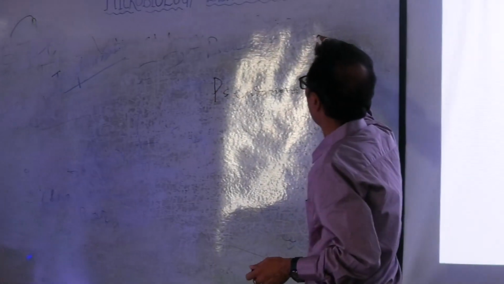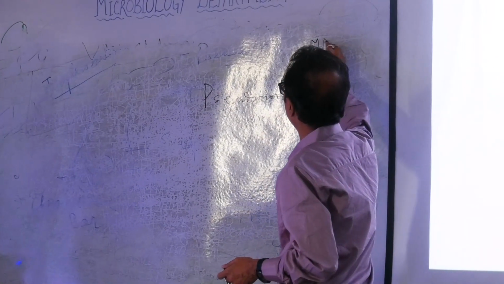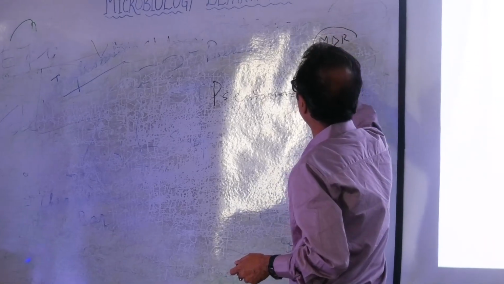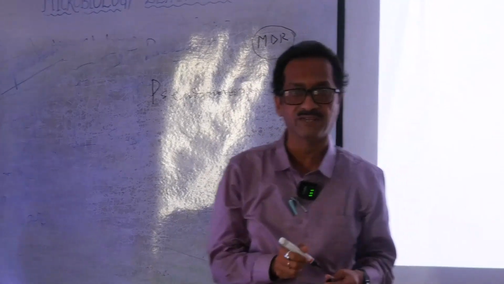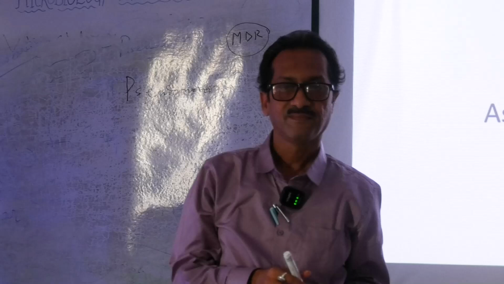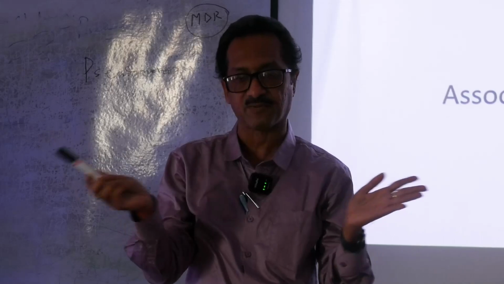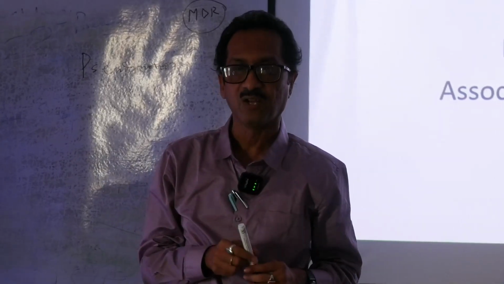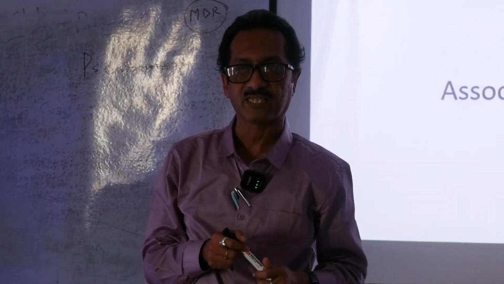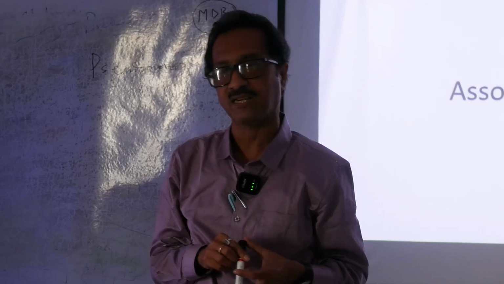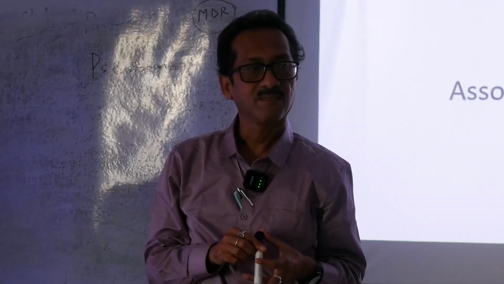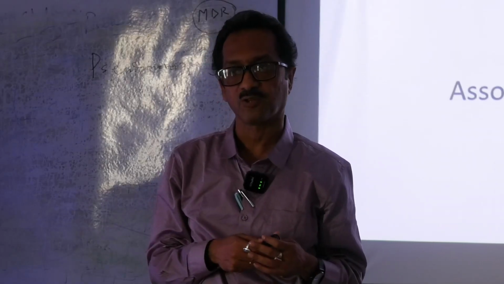Can anybody tell what is the definition of MDR for bacteria, not for tuberculosis? What is the definition of multi-drug resistant bacteria? This can be asked in other bacteria also. In your theory question, what is the definition of multi-drug resistance? I have told previously in other classes also.